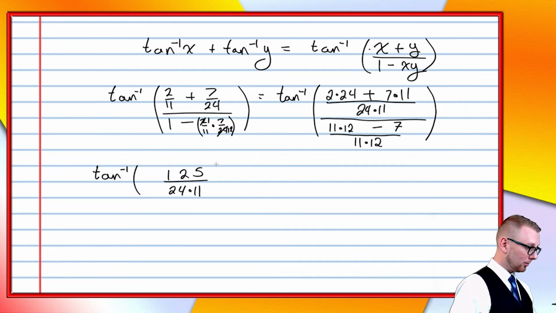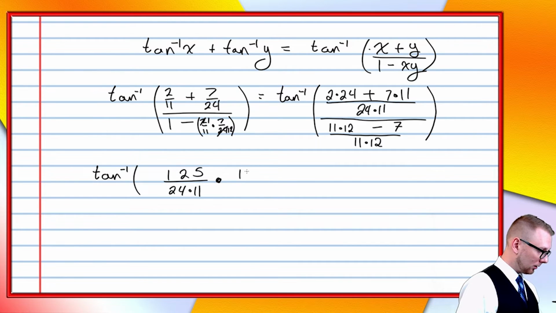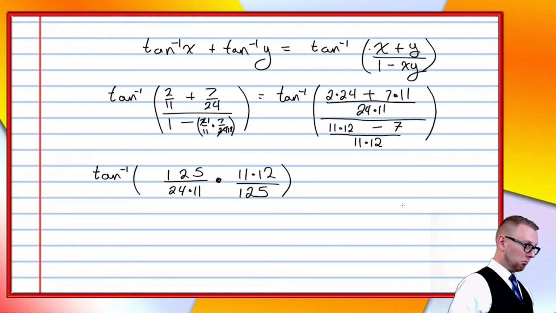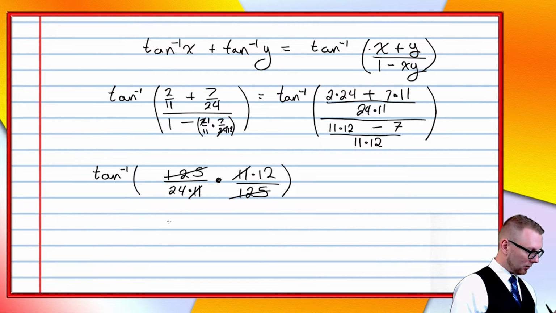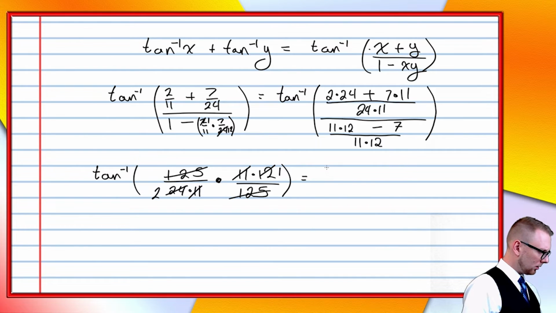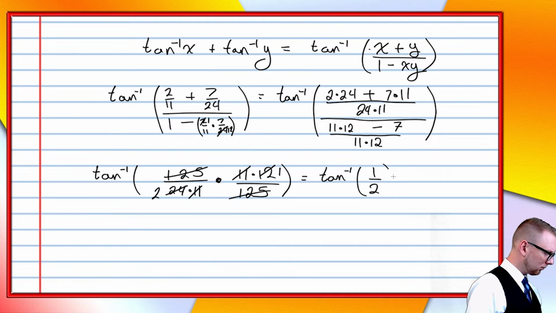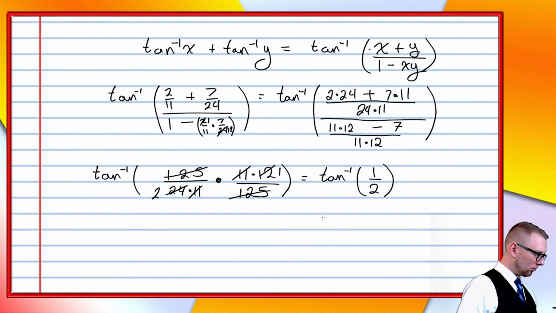We're going to multiply by the reciprocal. So this will be 11 times 12 on the top and 125 on the bottom. Take a look. 125 cancels out. This 11 and this 11 cancel out. Well, 12 and 24, that's just 1 over 2. So this becomes tan inverse of 1/2. Just like we wanted to prove.